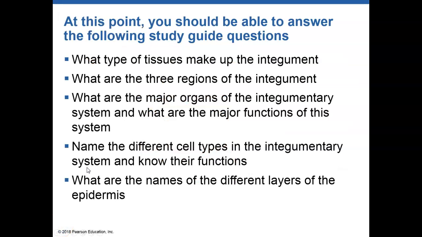All right, so at this point, you should be able to tell me the tissue types that make up the integument, what the 3 regions of the integument are, the epidermis, dermis, and the subcutaneous layer. What the major organs of the integumentary system are. So skin is the major organ, as well as we have lots of different accessory structures, which we'll talk about in a few minutes. What the functions are of the integumentary system, like protection and production of calcitriol.